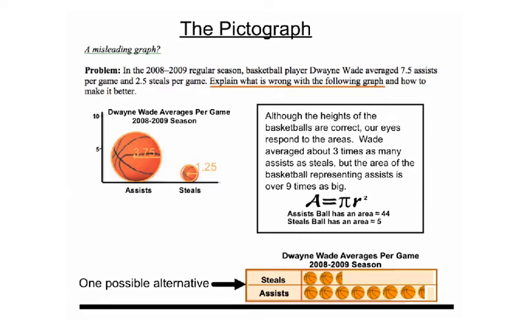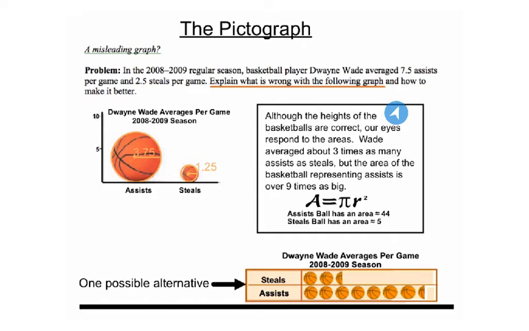Okay, so we can see that this basketball appears to go up to about 7.5 for his assists, and this one appears to go up to about 2.5. So although the heights of the basketballs are correct, our eyes respond to the areas.